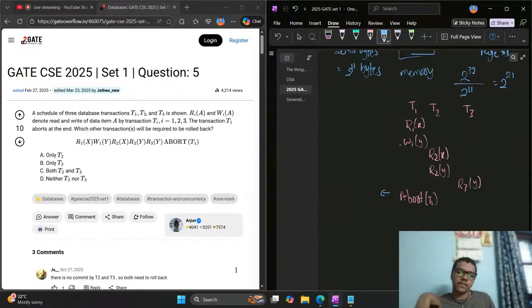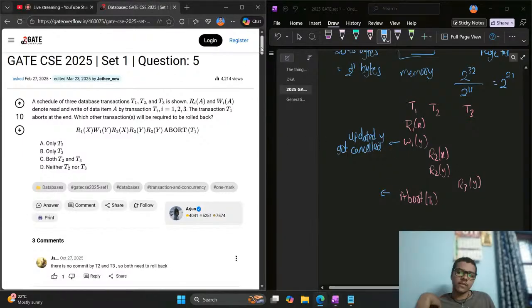It wrote some value, updated it, while it got cancelled, right? Whatever read Y, so R2 and R3 need to be rolled back. T2 and T3.